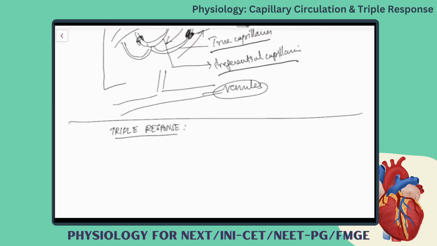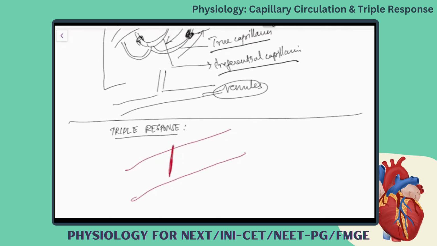Initially when you stroke, you will get a red line. Just consider this as your arm. You are just using a rod, for example like this pen, which is not sharp, but you can scratch your skin. Initially, if you do it with slight pressure, you will observe a red line.